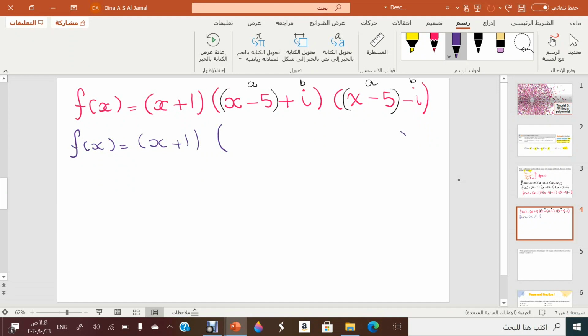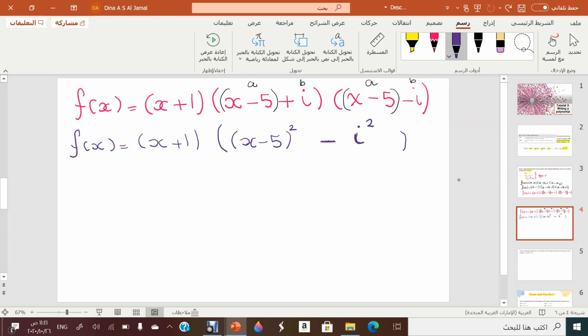So again, we will take the first one and square it, which is A, so x minus 5 all squared. Then because it is a difference between squares, it will be minus i squared.